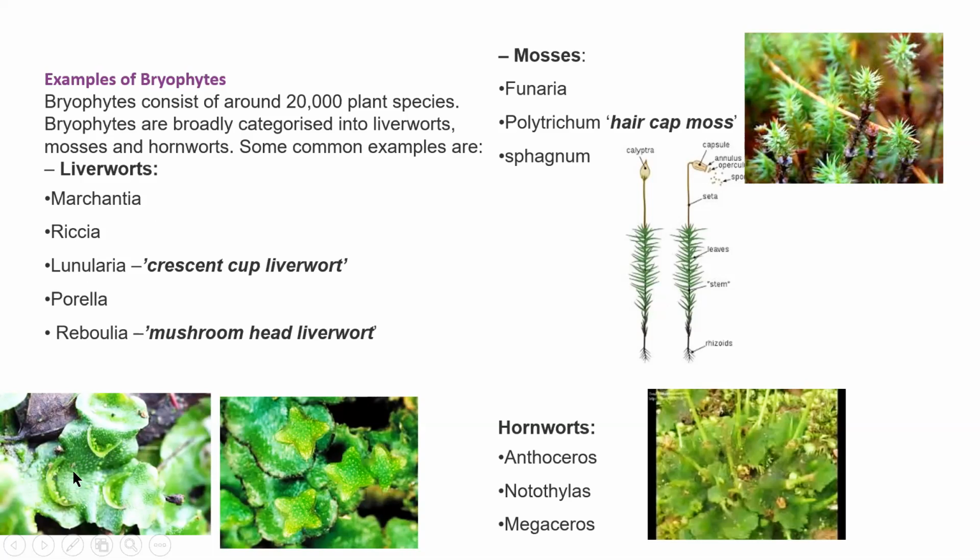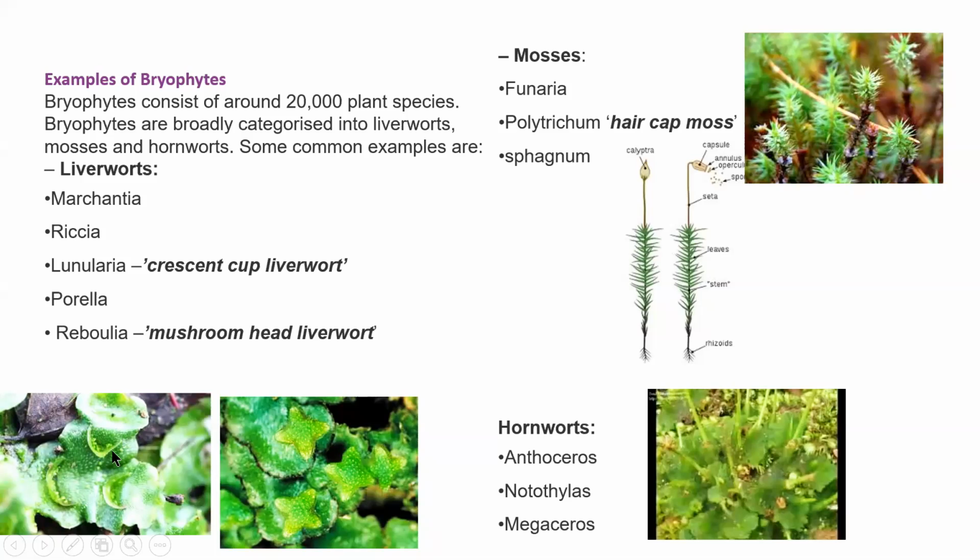Liverwort, you know the meaning, because the thalloid portion resembles a liver. That's an old comparison. Crescent cup liverwort is so called because the gemma cup has a crescent appearance.